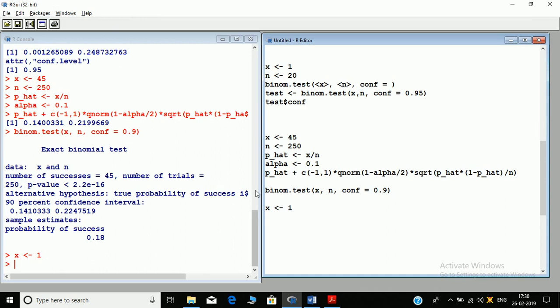Let's see the syntax of Poisson dot test. First we specify x, then we specify t, and then we give the confidence level. Now what is T? X is the number of events which you have done. T is the time base for the events that have occurred.